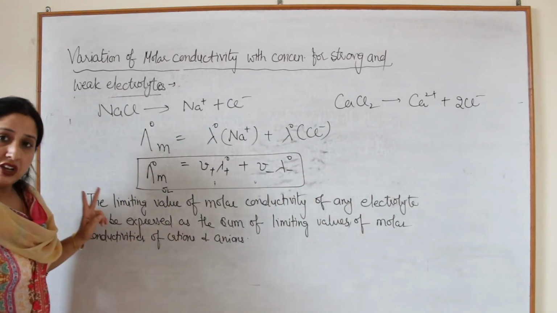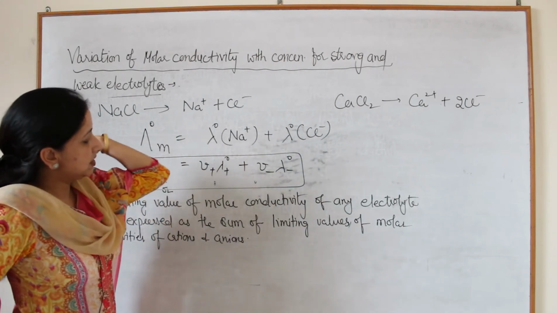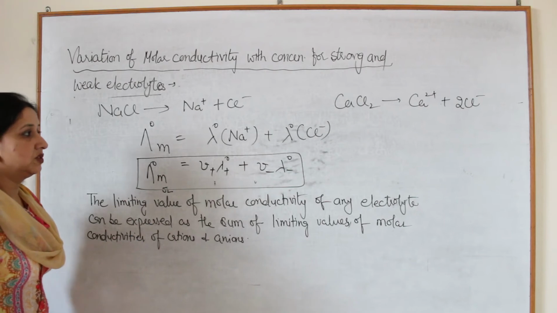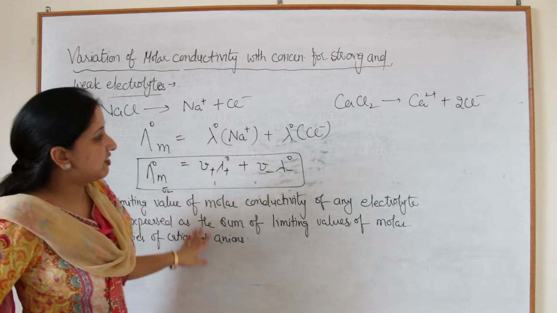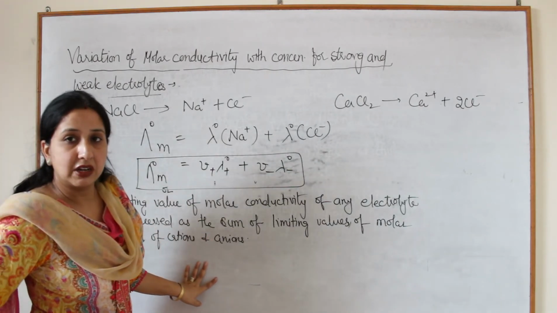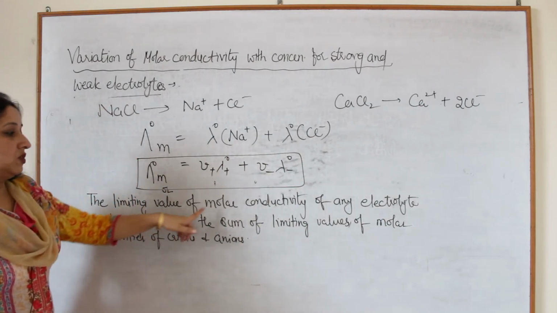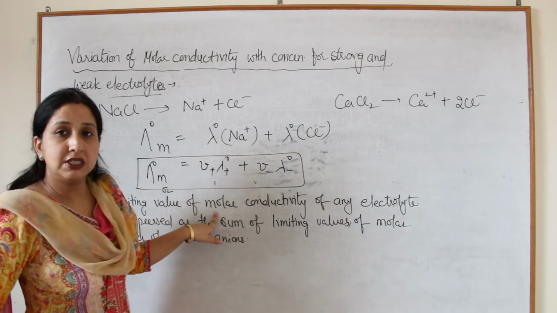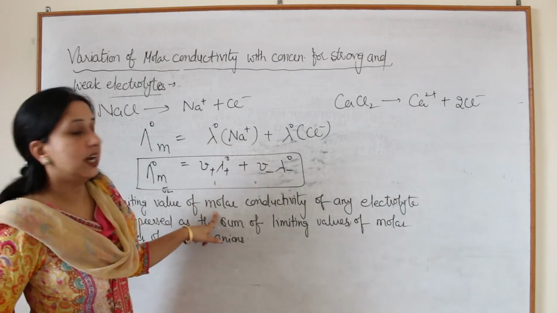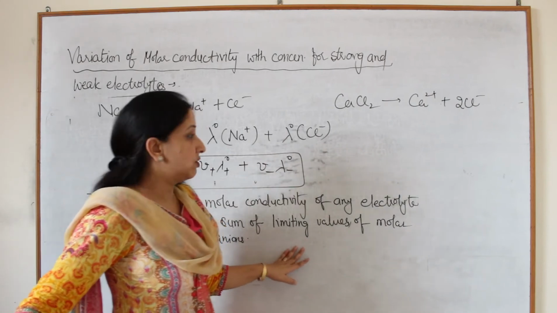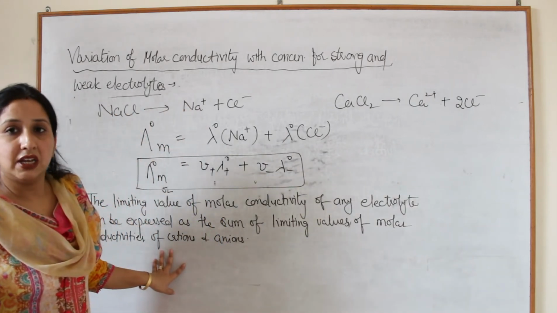So there are two definitions of Kohlrausch's law. First definition: each ion makes a definite contribution to the molar conductivity at infinite dilution, irrespective of the other one. Second definition: the limiting value, that is lambda naught m of any electrolyte, can be expressed as the sum of limiting values of the electrolyte of cations and anions.